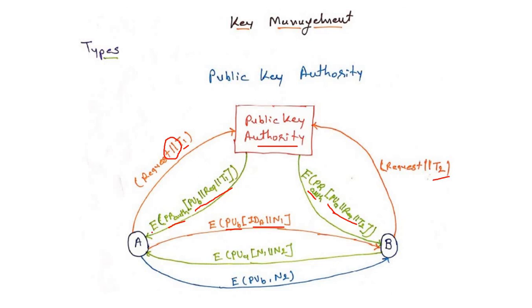B can also make a request, and B responds with the public key of A, nonce 1 and nonce 2. So these are encrypted. Everything is encrypted, so here we are getting security because everything is encrypted. A and B can communicate with each other because both have private authorities.